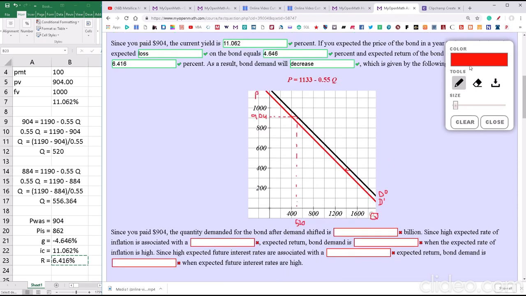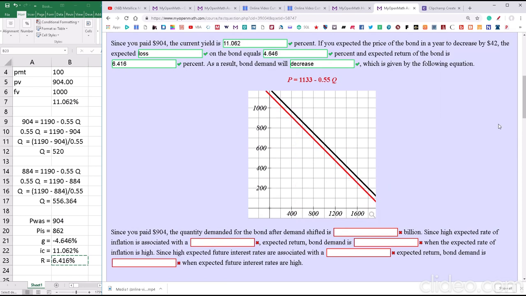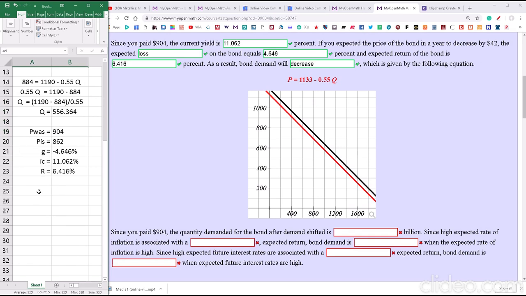Now we need to find the new quantity. So I'll close that. Oh, I cleared it, man. I'm new to this tool. Okay, so we need the new quantity at 904. So what I'm going to do is copy this and just paste it down here. And I'll make it red.